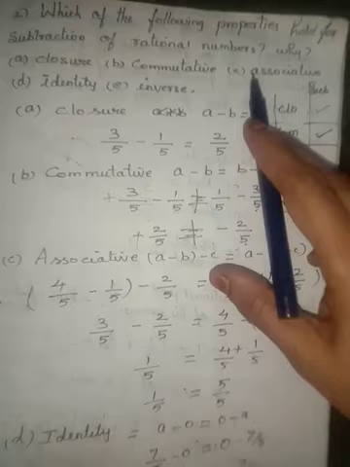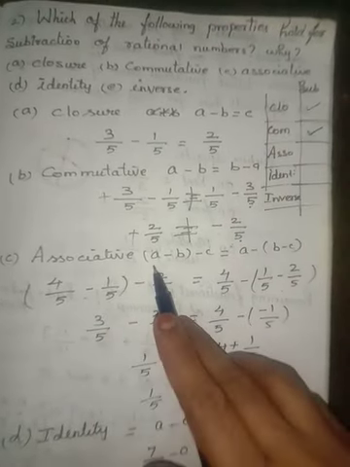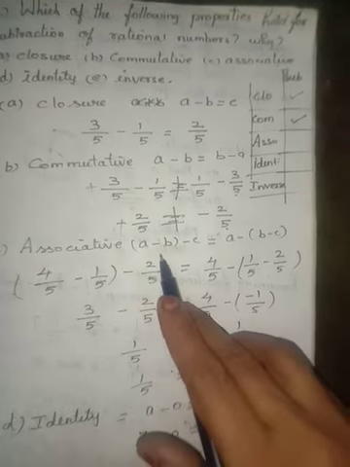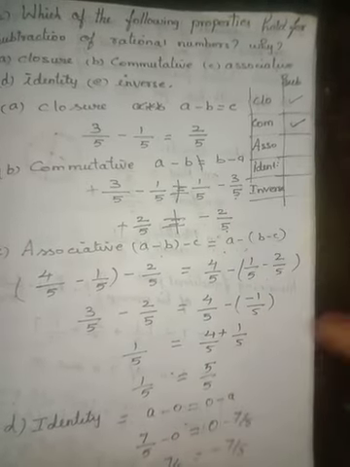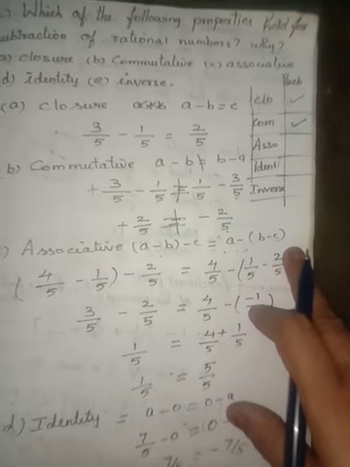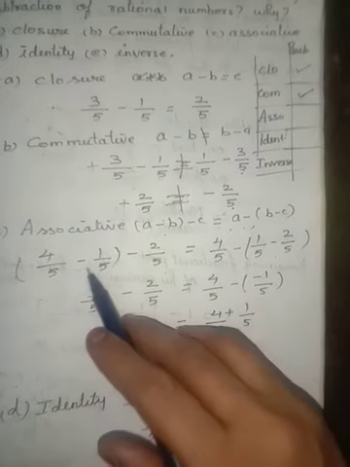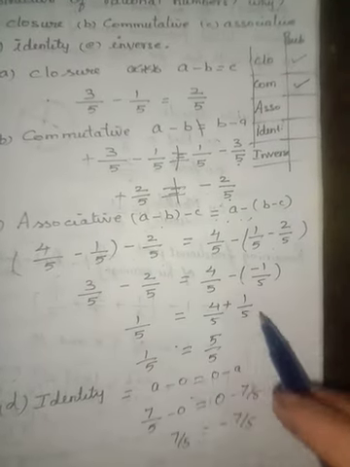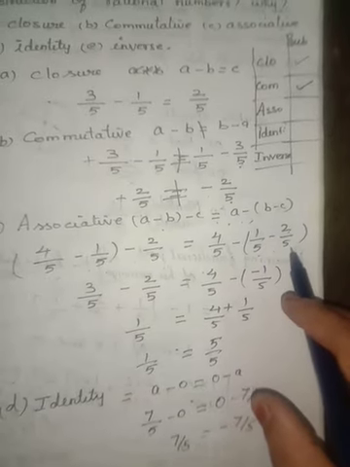And third one, associative property. What is associative property? (a minus b) minus c is equal to a minus (b minus c). So (4 by 5 minus 1 by 5) minus 2 by 5, that is equal to 4 by 5 minus (1 by 5 minus 2 by 5).